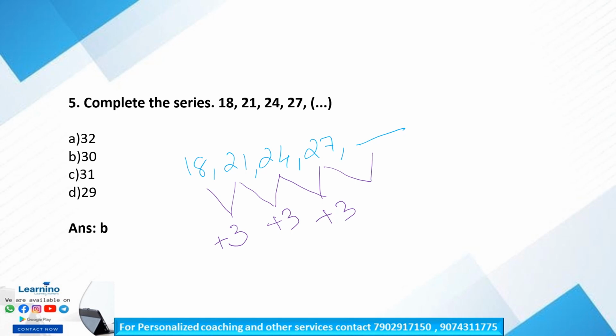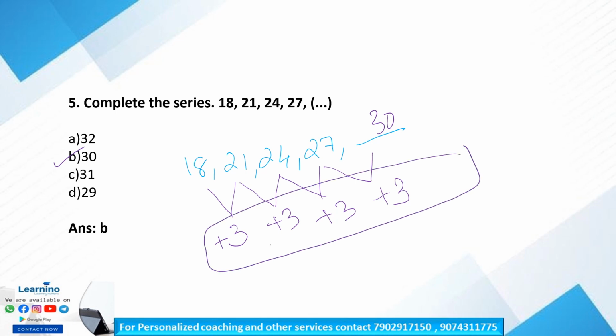Then 27 plus 3 is 30. So option B is our correct answer. This series follows the pattern plus 3, plus 3, plus 3, plus 3. So our answer is 27 plus 3 equals 30, option B.